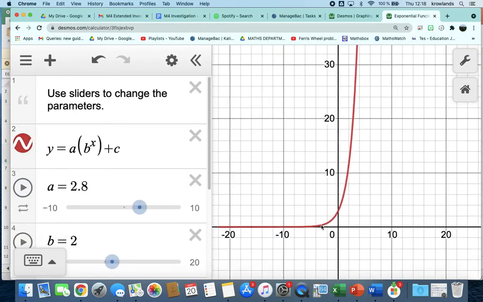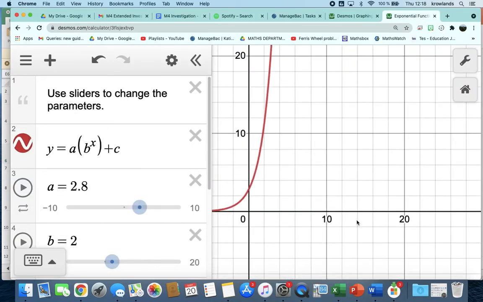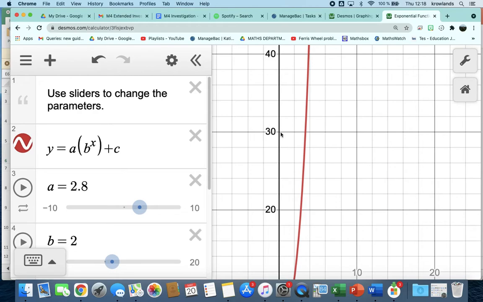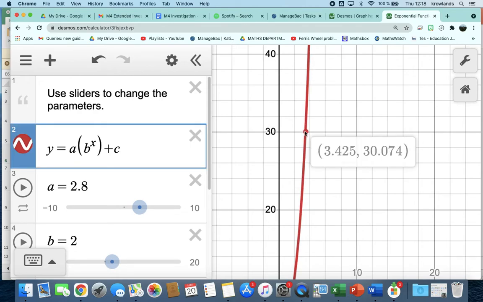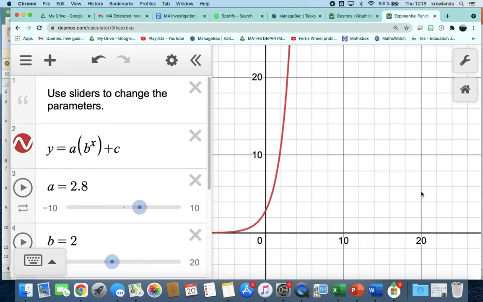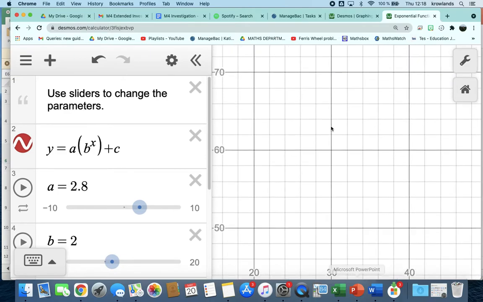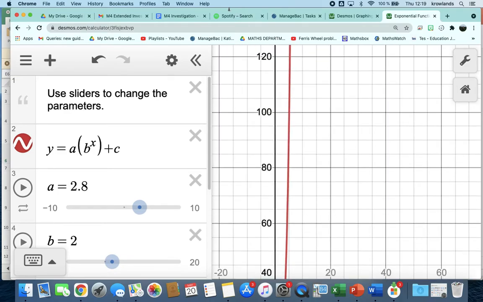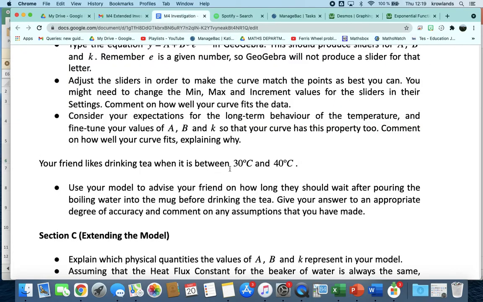So for this part, decide whether the temperature is on the X or the Y, find where it says 30 or 40, go to the graph and just read off the X value, or if you were reading from the X axis where 30 is, you go up to the graph and read off what the Y value is.